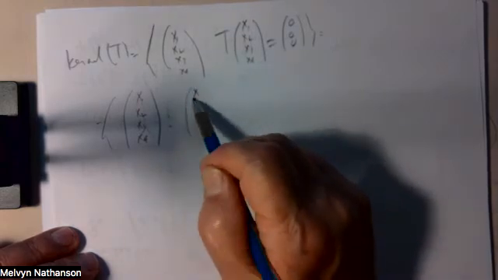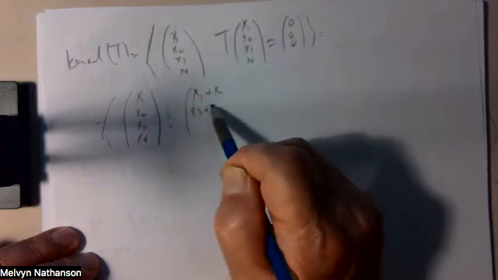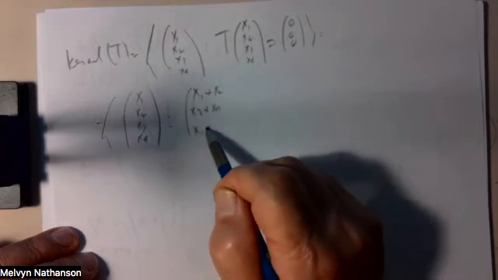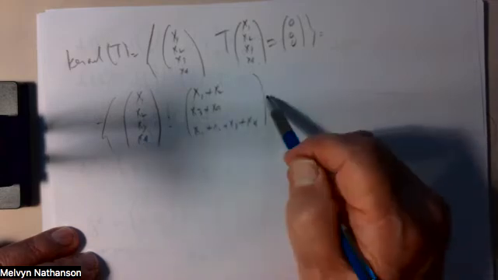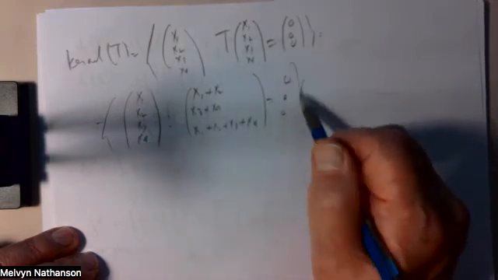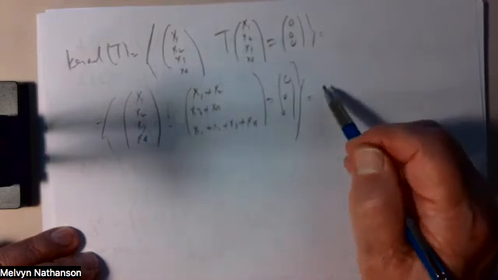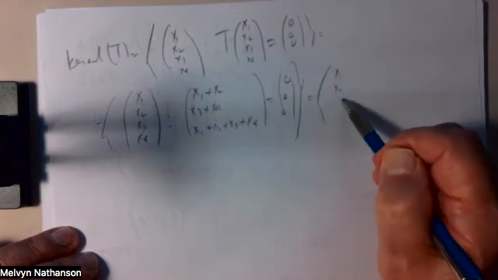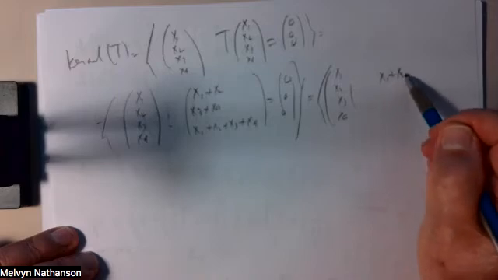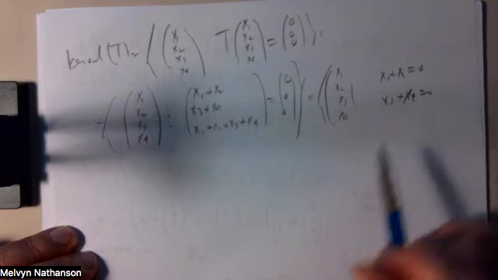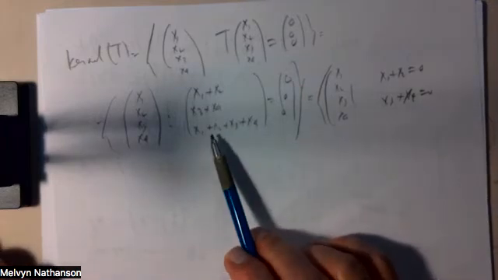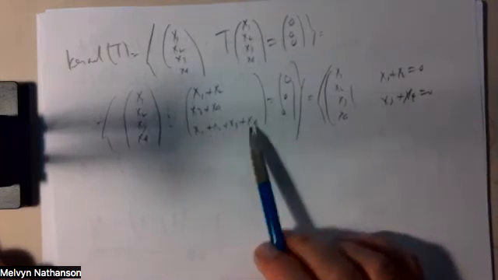This is x1 plus x2, x3 plus x4, x1 plus x2 plus x3 plus x4. All the vectors such that this is 0, 0, 0. So this is all vectors x1, x2, x3, x4, where x1 plus x2 is 0, and x3 plus x4 is 0. And that automatically implies that x1 plus x2 plus x3 plus x4 is 0.